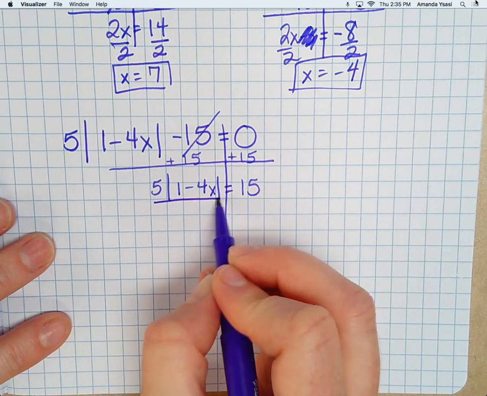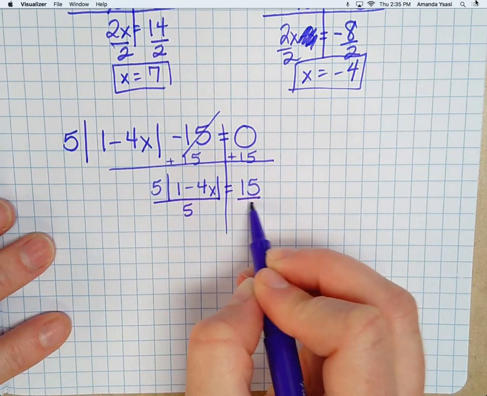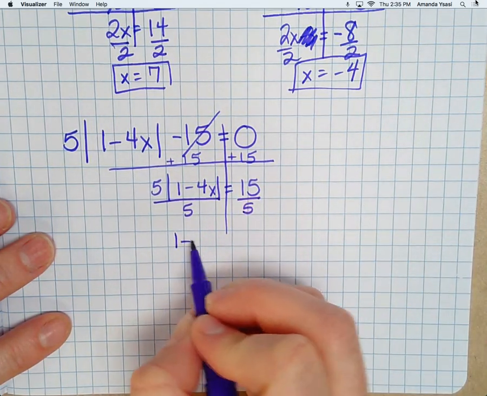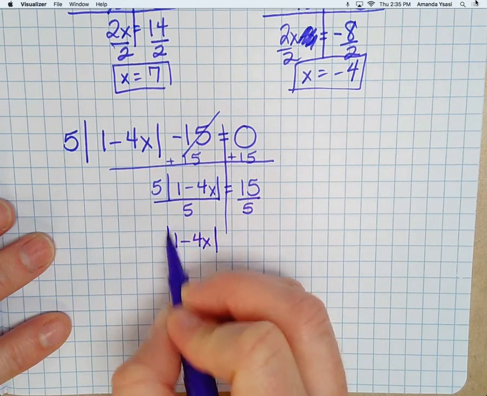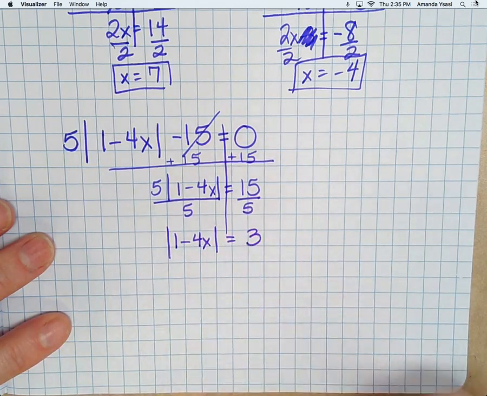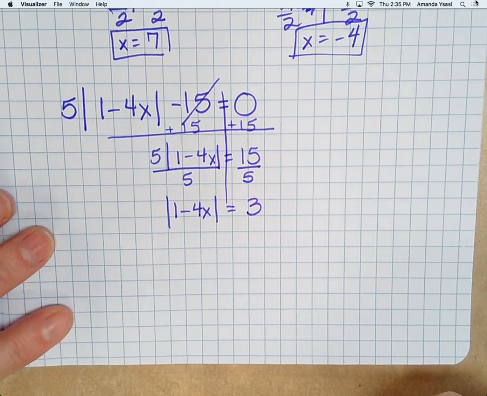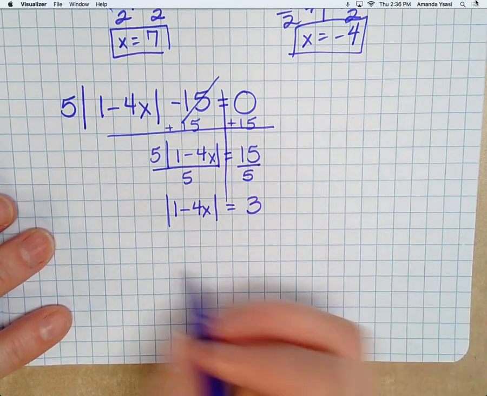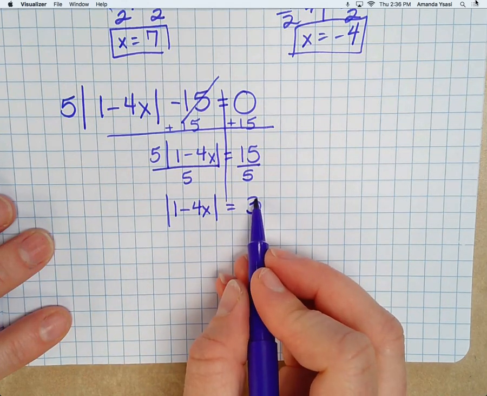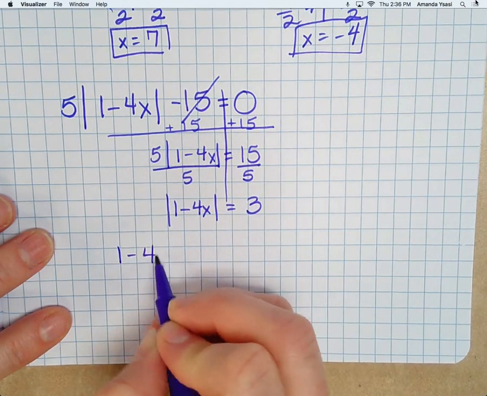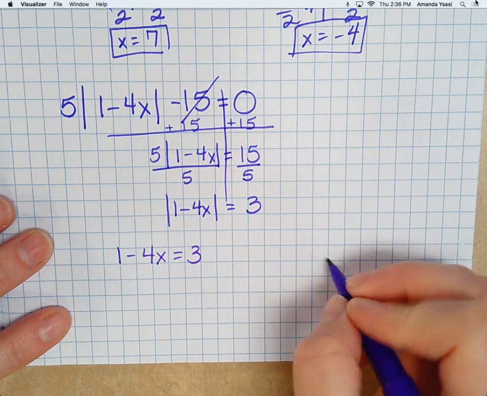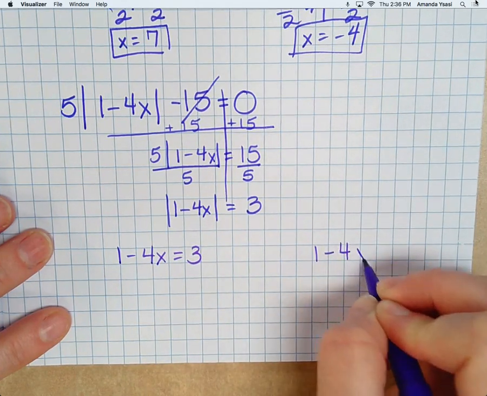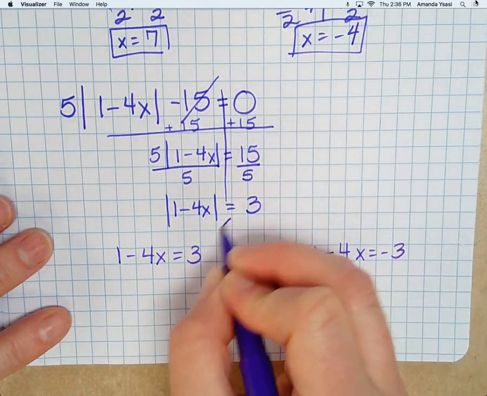And then you divide by 5. You get the absolute value of 1 minus 4x equals 3. And then we would set them equal to the positive 3 and negative 3. So 1 minus 4x equals positive 3, and 1 minus 4x equals negative 3.